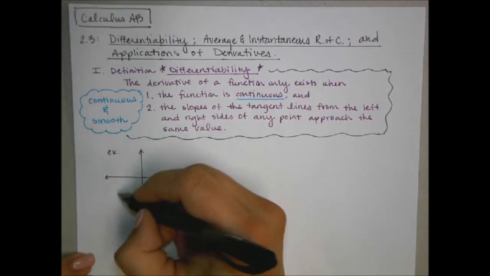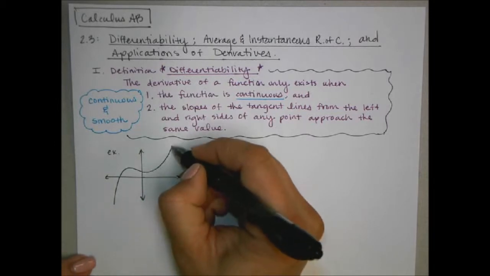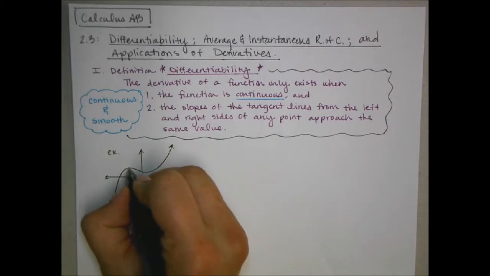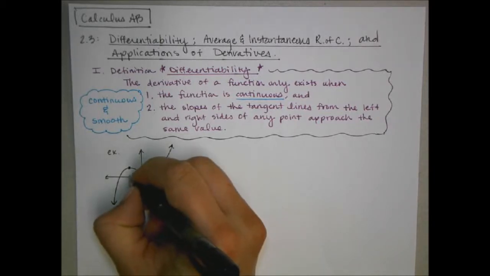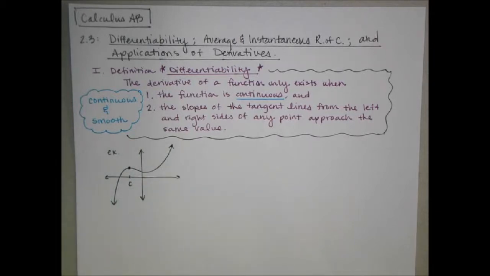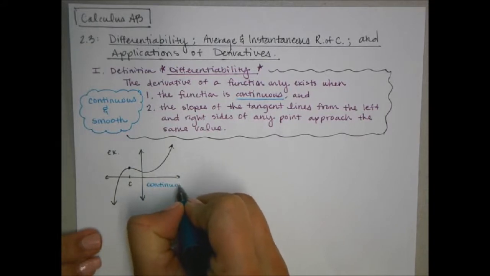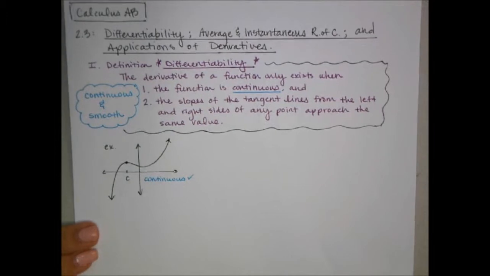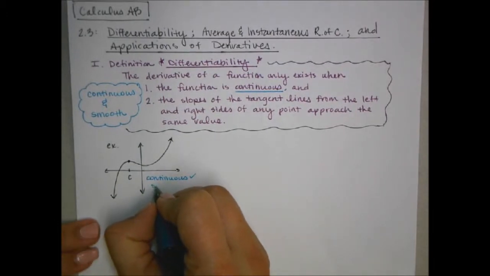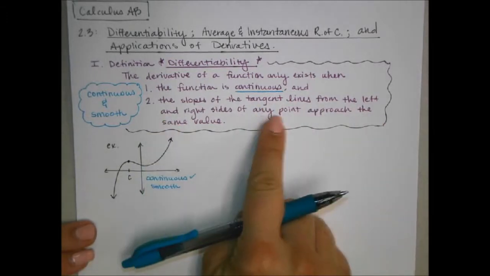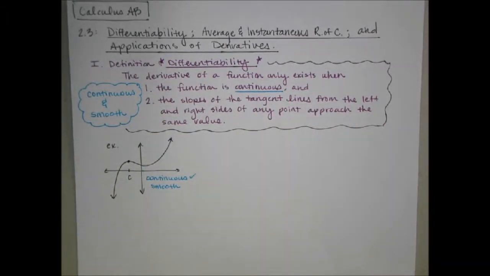Let's take this function here. It's continuous. Let's look at a certain point. Let's look right here. So we'll call that C. This function is continuous. And it's smooth. We can see that the slopes of the tangent lines from the left and right side of this point approach the same slope.